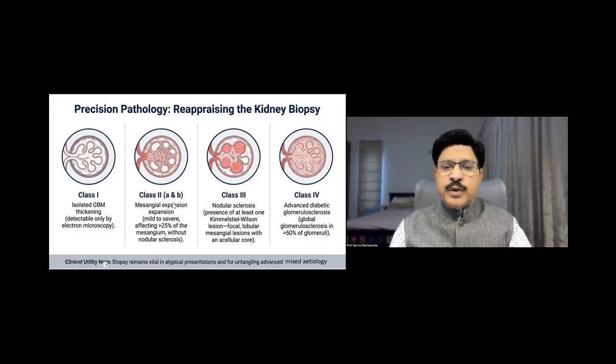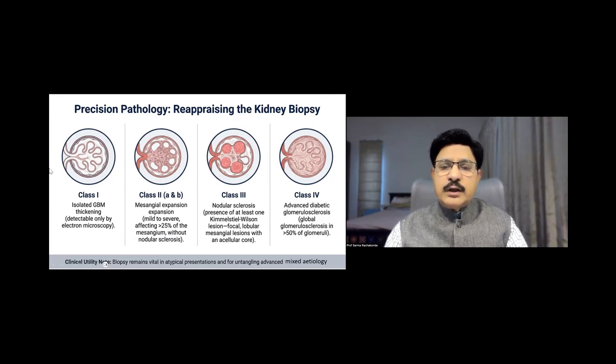Class 3 is nodular sclerosis, Kimmelstiel-Wilson lesions, focal lobular mesangial lesions with an acellular core, just like these. There are no cells there. These are nodules. And class 4: advanced diabetic glomerular sclerosis, global glomerular sclerosis of more than 50% of glomeruli. So class 1 is GBM, class 2 has mesangial expansion, class 3 nodules, class 4 glomerular sclerosis.